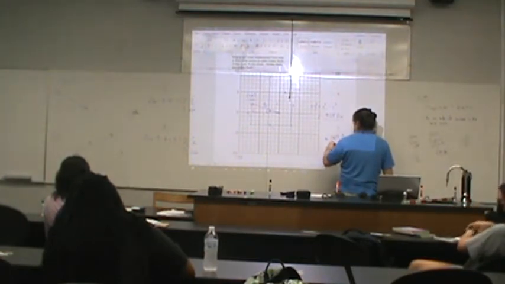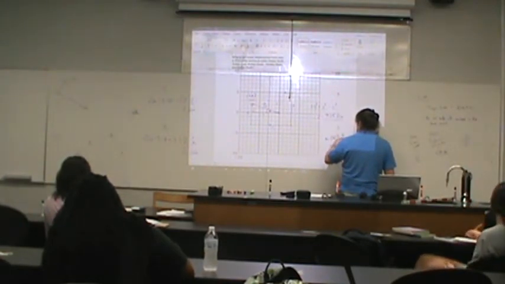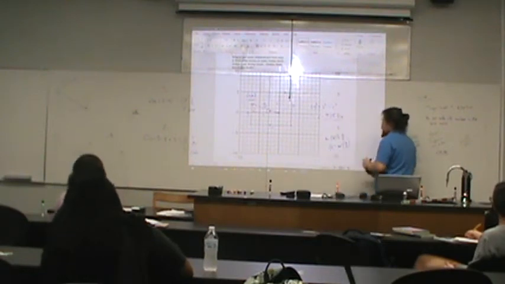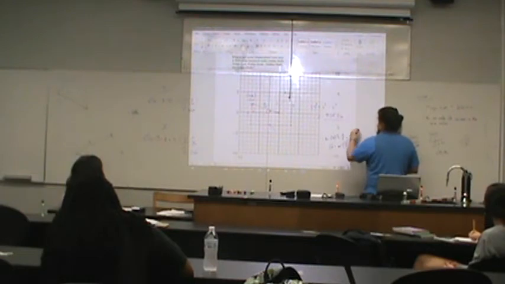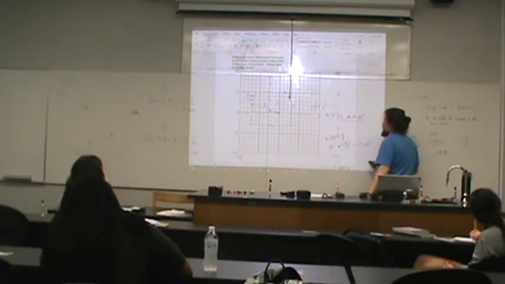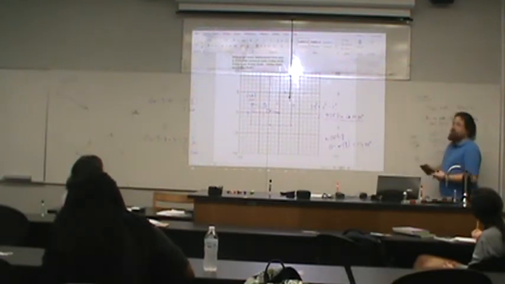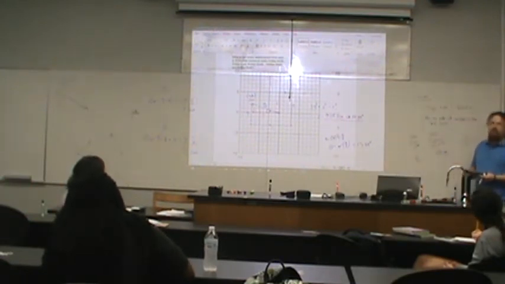So theta will equal inverse tangent of 2/7. That's going to be 15.94 degrees. And that not only tells us how far we went, but in what direction. So that is now a vector answer.